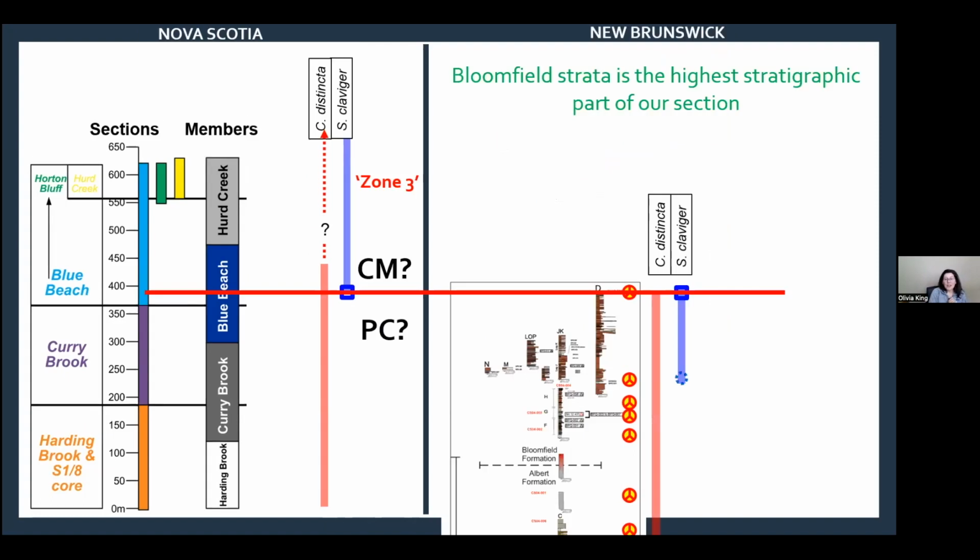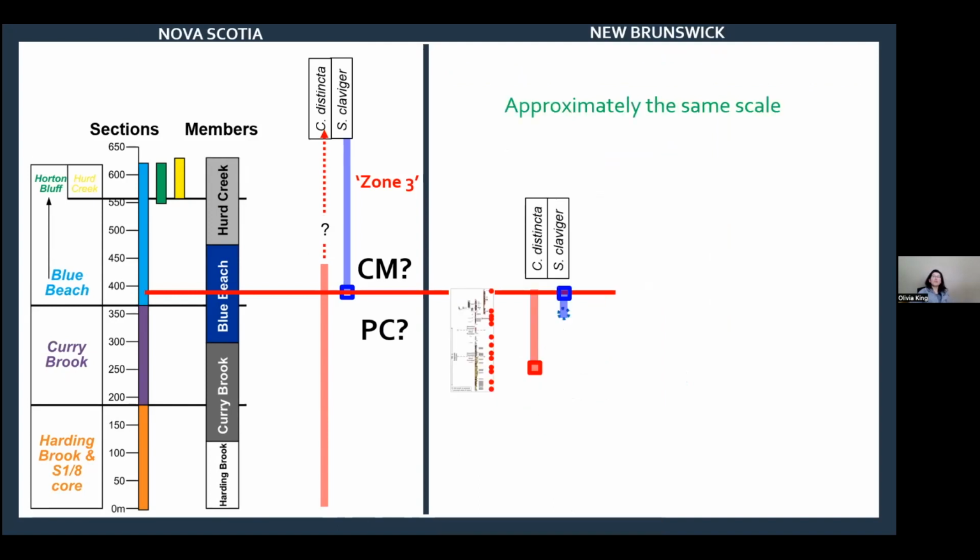Because we don't have that many of the cleviger, we can orient it into this original section. So the Bloomfield strata is the highest part of the succession then. And if we approximate this to about scale as far as how much metered section or how much strata was logged, we can actually see that this is basically how New Brunswick would fit into our Nova Scotia equivalent.